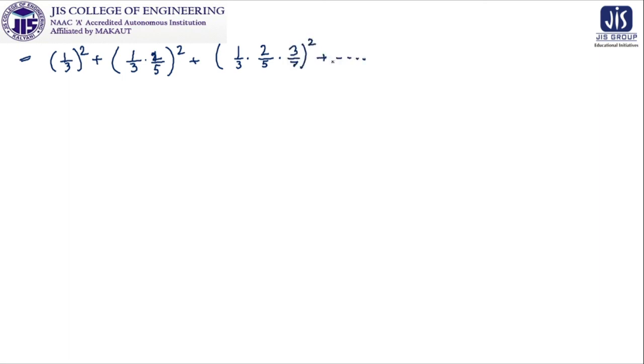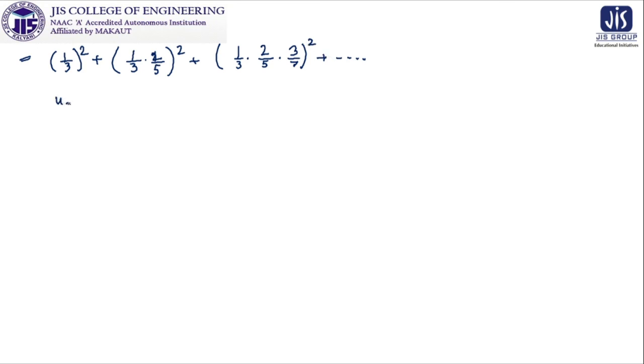Our series is given as 1 by 3 whole square plus 1 by 3 into 2 by 5 whole square plus 1 by 3 into 2 by 5 into 3 by 7 whole square plus dot dot.